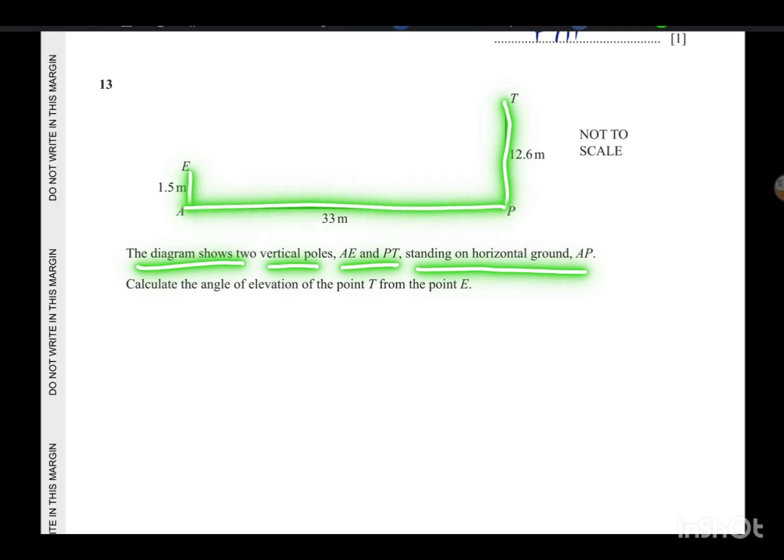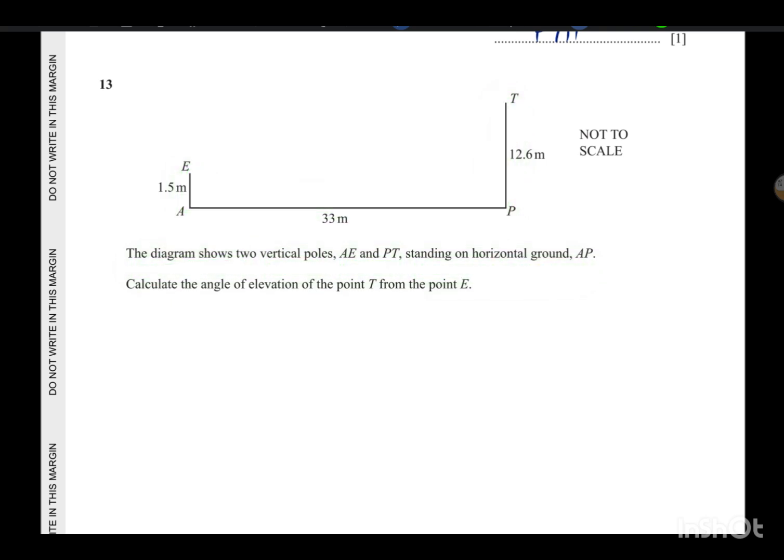Calculate the angle of elevation of point T from the point E. When you find the elevation, you need to draw the horizontal line. So now the angle you need to find is this angle. Let us suppose this is O.